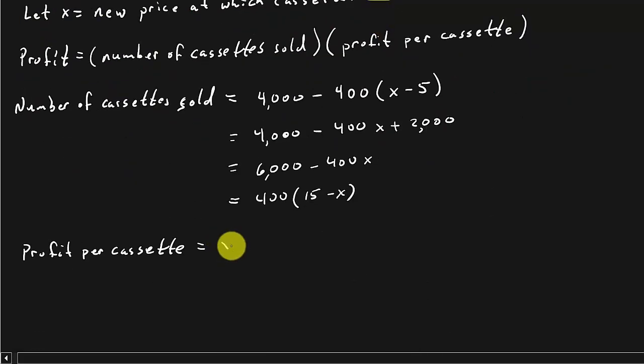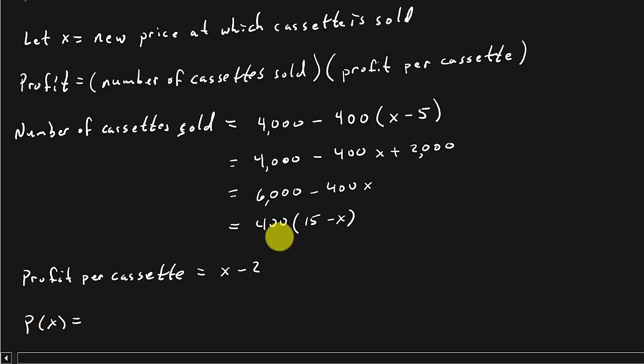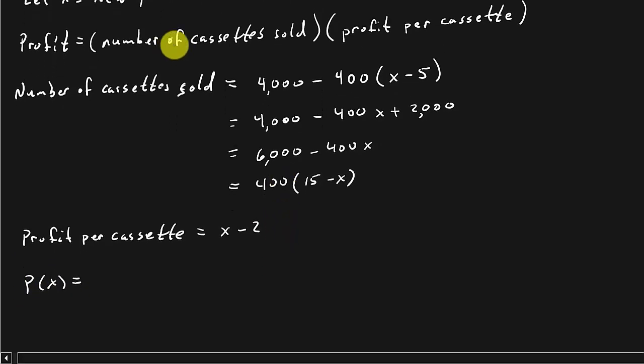So that would be your new price minus the $2. So your profit function, P of x, remember, here's your profit: number of cassettes sold times profit per cassette. And so that's going to be 400 times 15 minus x times x minus 2.